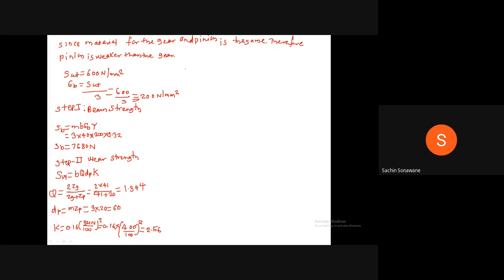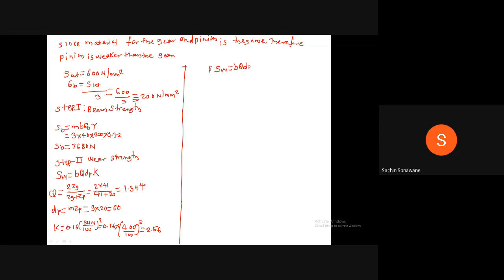Now I will make a partition here. Now we will calculate the value of wear strength. Since all the values we have calculated, calculate the value of wear strength. SW is equal to BQ.